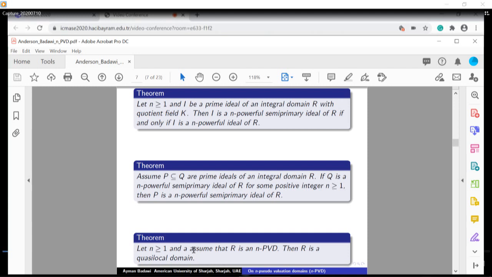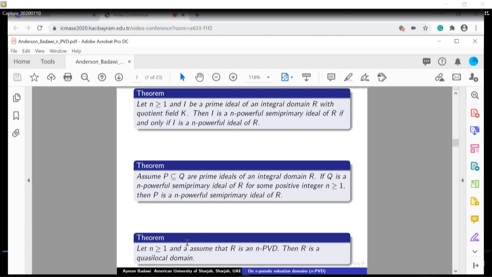Okay? So that means if you're looking for an n pseudo-valuation domain, you only need to look at the integral domain with exactly one maximal ideal, and you need to check if this maximal ideal is an n powerful semi-primary ideal, and that's it.